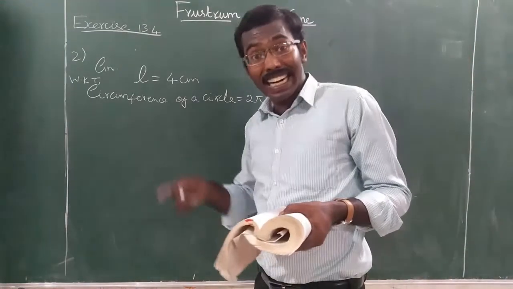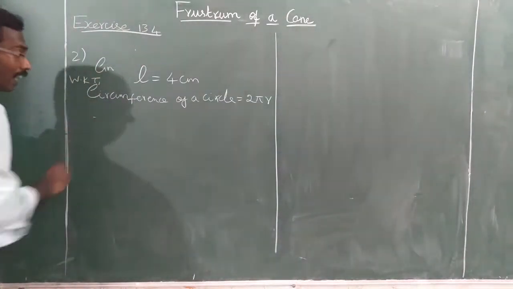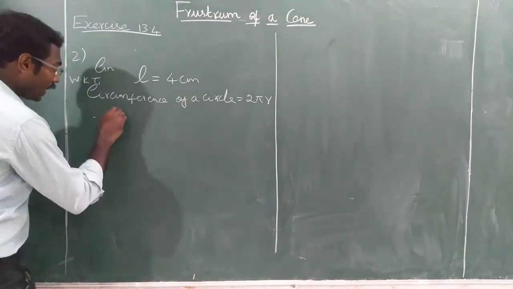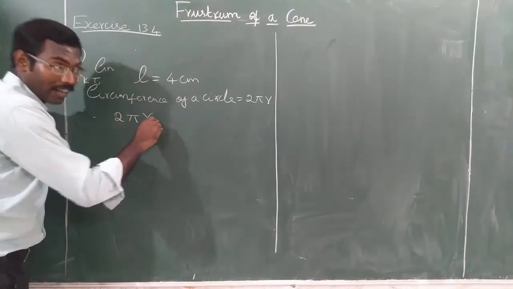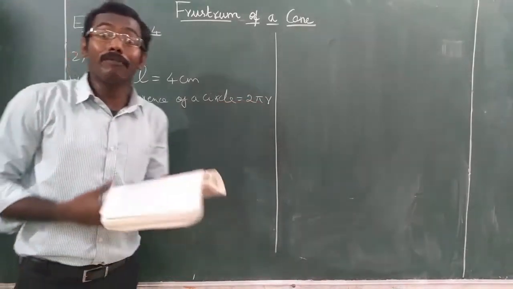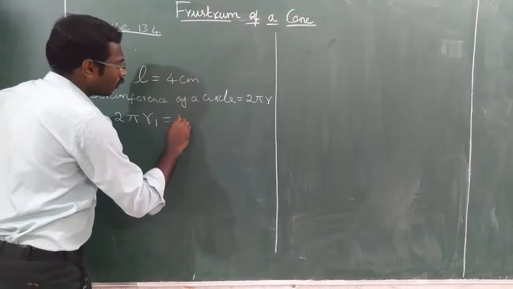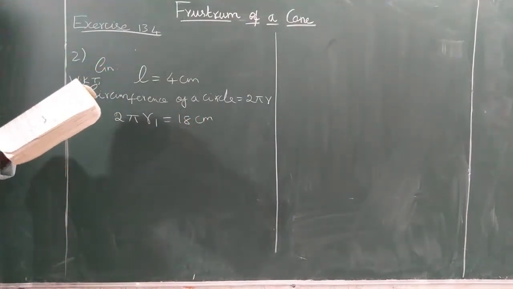So the bigger circle's radius is R1. It is given that the bigger circle's circumference is 18 centimeter. So the bigger circle's circumference is 2 pi R1. Normally it is 2 pi R, but the bigger circle's radius is R1, isn't it? So 2 pi R1 is equal to 18 centimeter, and the smaller circle's circumference is 6 centimeter.